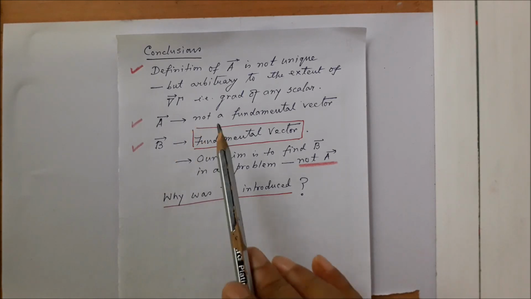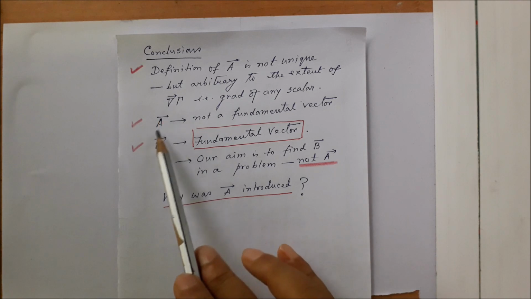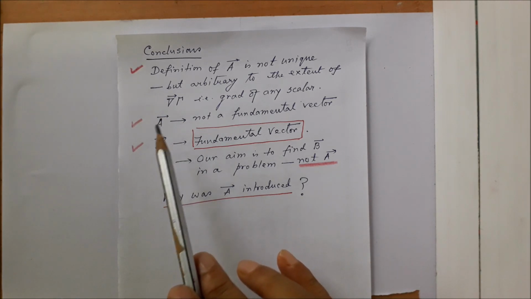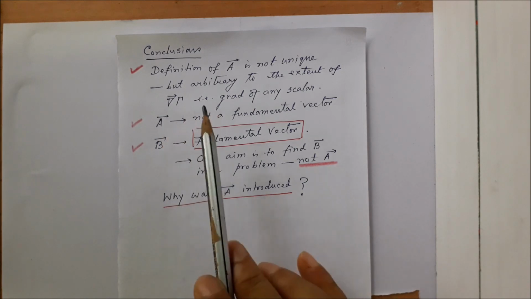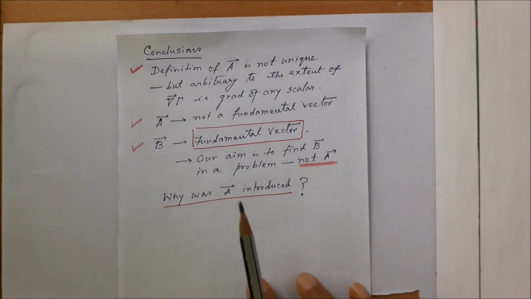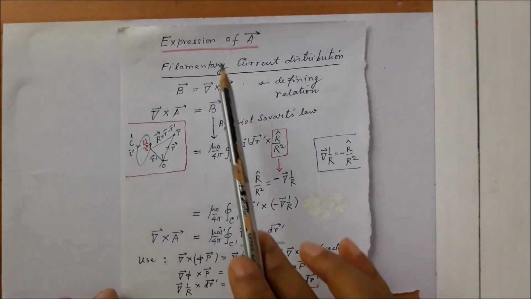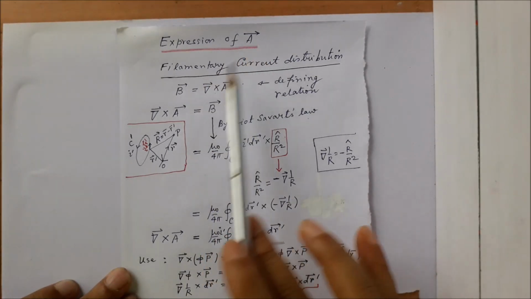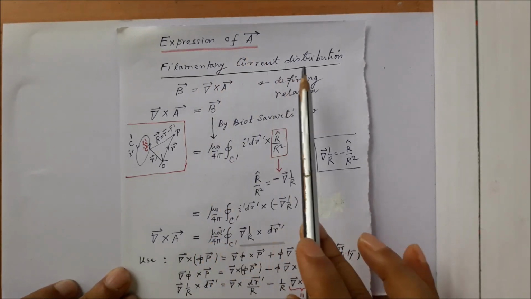Similarly, what will be the explicit expression of vector A? We'll try to find that in filamentary current distribution as well as in volume current distribution. First, we'll take up filamentary current distribution. Let us find the expression of vector A, the magnetic vector potential, in case of filamentary current distribution.